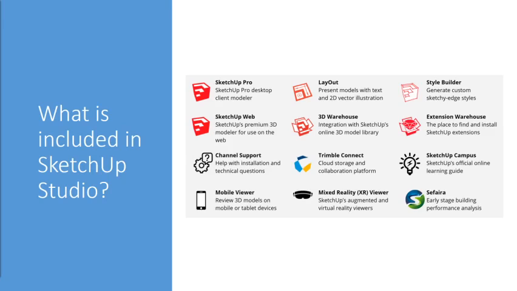And as far as what's included in the SketchUp Studio, there are 12 products and services that are present as part of the Studio bundle. The SketchUp Studio subscription includes everything in the Pro subscription with the addition of the building performance analysis application, which is Sefaira, as you can see on the lower right corner.